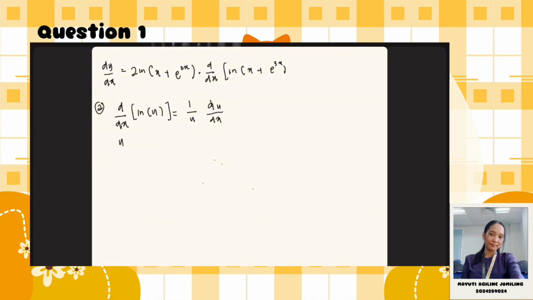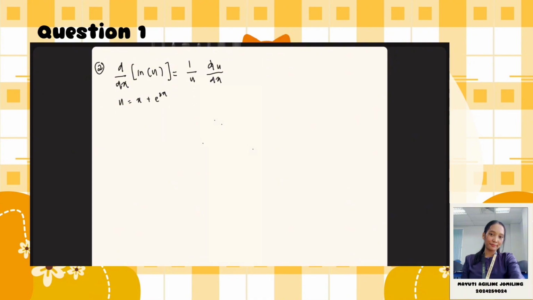Therefore, d over dx of ln bracket x plus e to the power of 3x is equal to 1 over x plus e to the power of 3x, times d over dx of x plus e to the power of 3x.